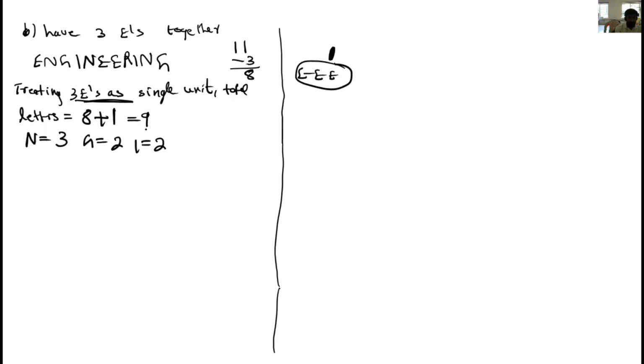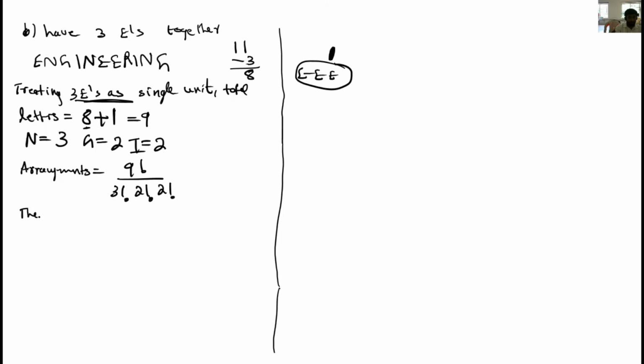But in the remaining 8 letters, N 3 times is there, G 2 times is there, I 2 times is there. So 8 plus 1 total 9 letters. In that 9 letters, N equal to 3, G equal to 2, I equal to 2. That much time repeats. So the arrangements is equal to 9 factorial divided by 3 factorial into 2 factorial into 2 factorial. Okay, this is the arrangement of 9 letters.